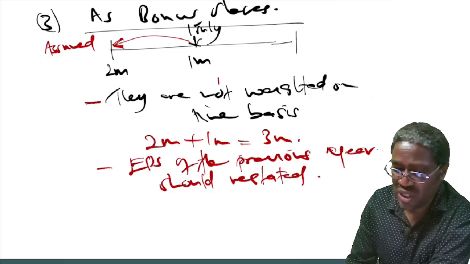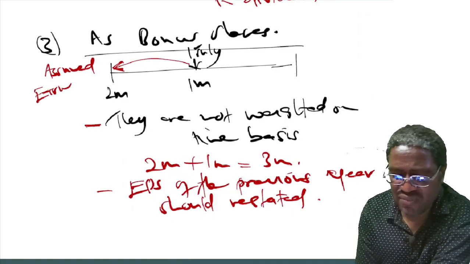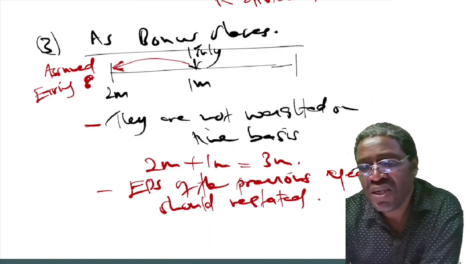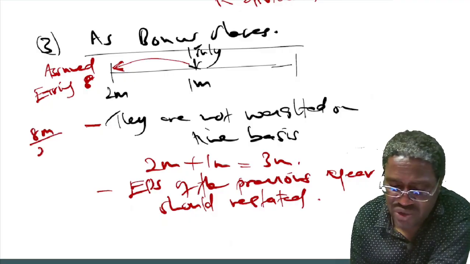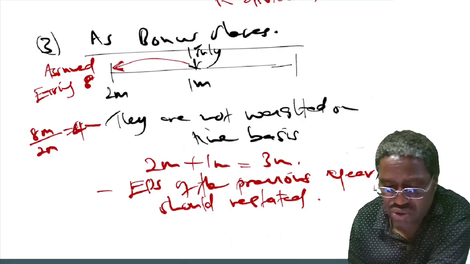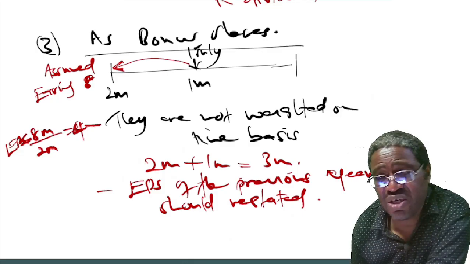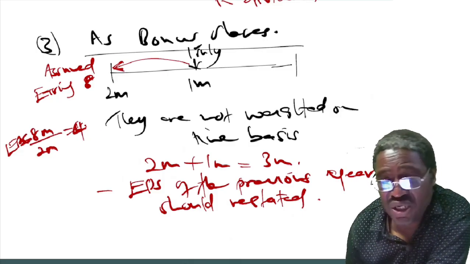Let me use an illustration very fast. Assuming the earnings last year were 8 million. The EPS last year was 8 million divided by the 2 million shares that were there. 8 million divided by 2 million is 4 shillings.